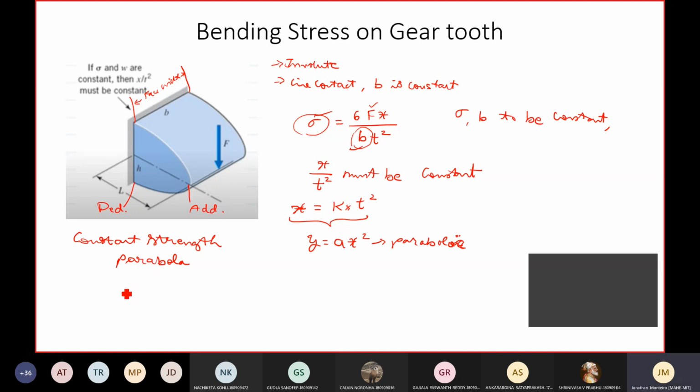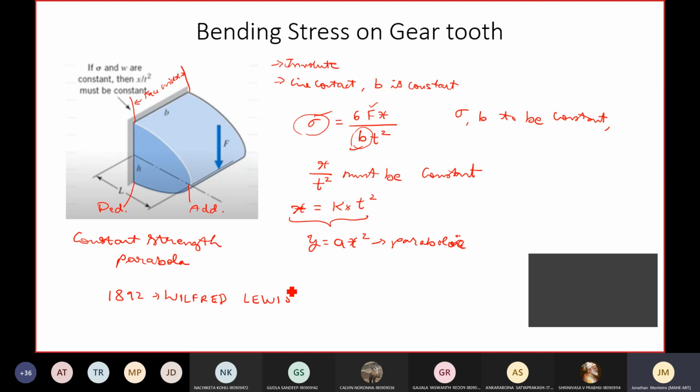It is said that in the year 1892, a researcher by the name Wilfred Lewis did a lot of calculations and suggested a shape.